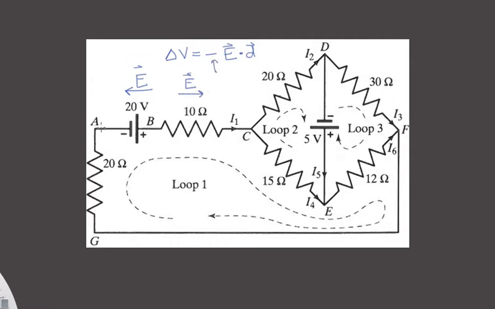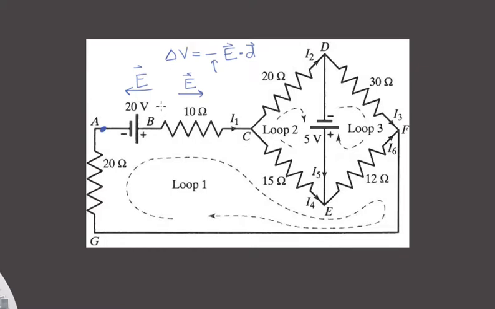If, for example, we start our loop right here at point A, then because we're moving against this E field, we have a negative sign with another negative sign coming from the dot product of these two directions. So we're actually going to get a positive voltage along this battery.